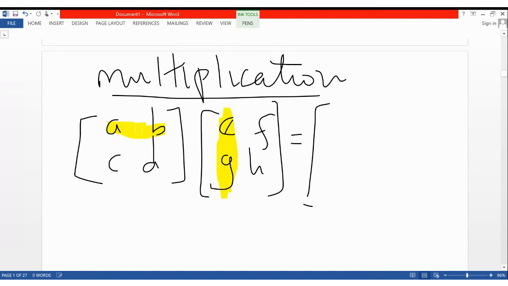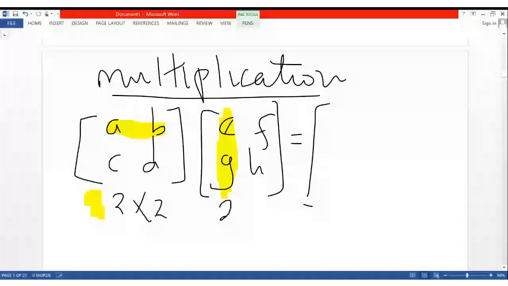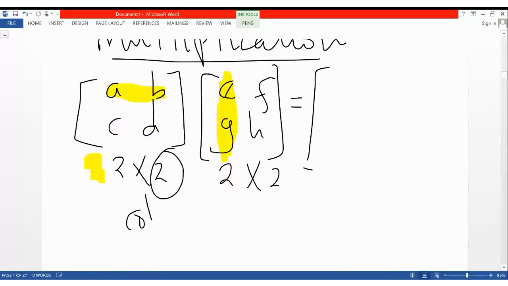So row, column. This one is a 2 by 2 matrix, and this one is a 2 by 2 matrix. For you to multiply two matrices, the number of columns of the first matrix has to be the same as the number of rows in the second matrix.